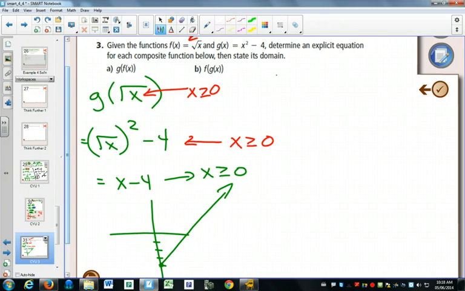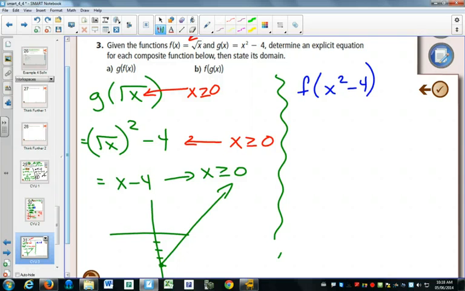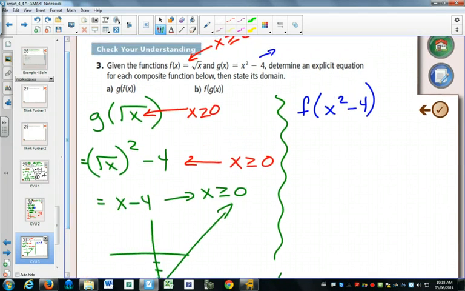For the second one, now we're doing g of x first. And when I do g of x first, g of x, its domain is everything, right from the beginning. So we're still okay to put any x into this one.